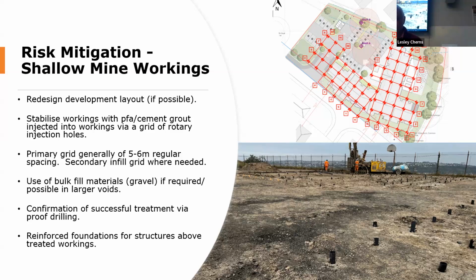And now the nearest source of PFA, I believe, is somewhere near Stoke. And if they're not available, it's Warrington. So rather than having 5, 6 wagons of PFA a day, you might get 2 now. It's getting more expensive to deal with these workings because we have to get the PFA from further away.